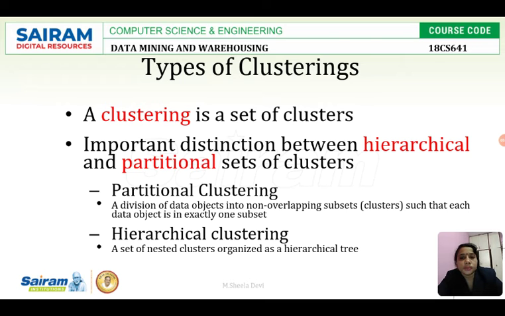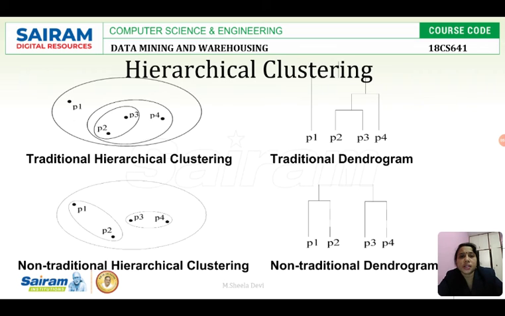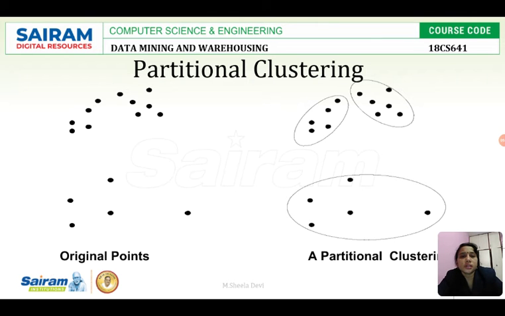Hierarchical clustering. A set of nested clusters organized as a hierarchical tree. So if I am going to organize my clusters into a hierarchical tree, then it is called hierarchical clustering. This is a partitional clustering example. If you take any object, it is in only this cluster and the other objects are there in that cluster only.